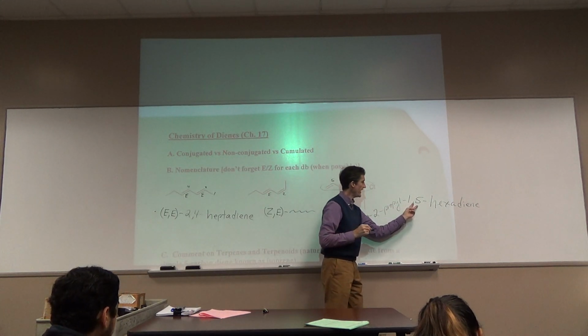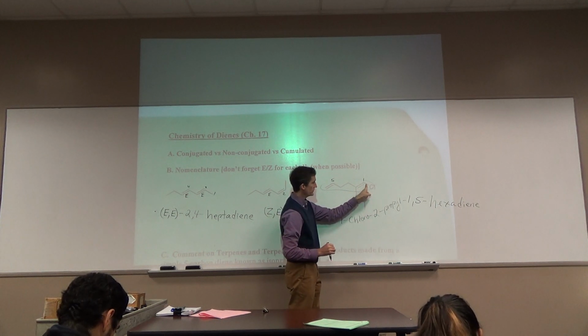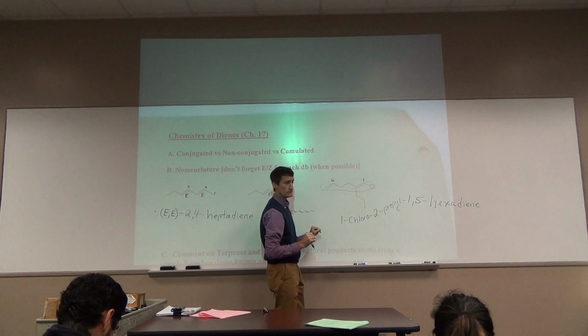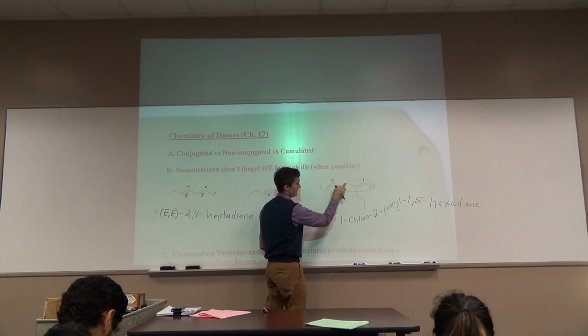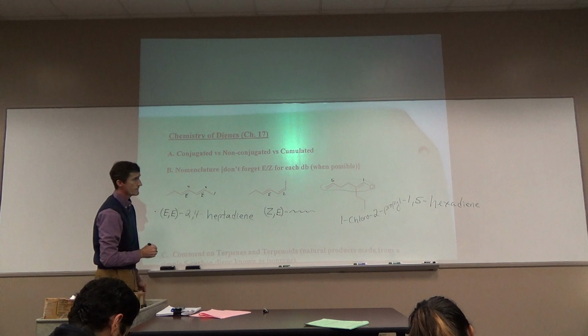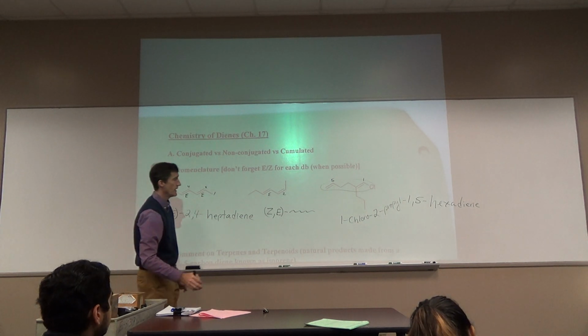The reason this is 1,5 is that you get 1,5 either way you go. That's the one end because the substituents will be 1, 2. If this was the one end, it still would have been 1,5, but the substituents would have been 5, 6. So that's why we chose the right end to be number 1.